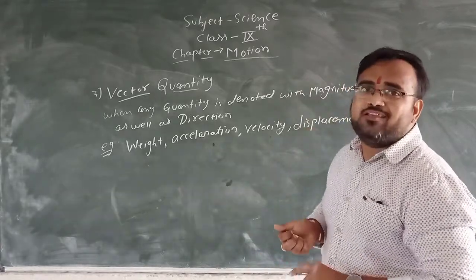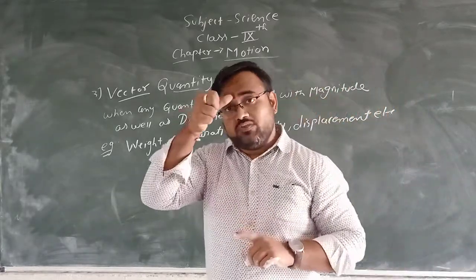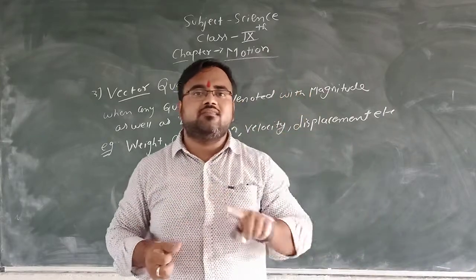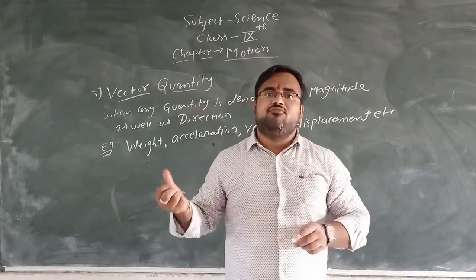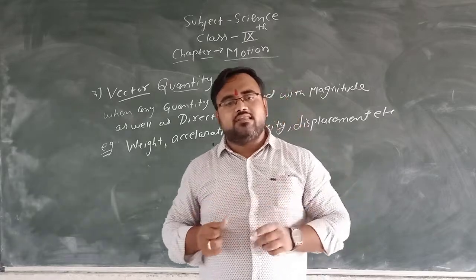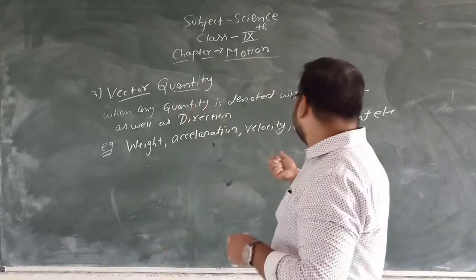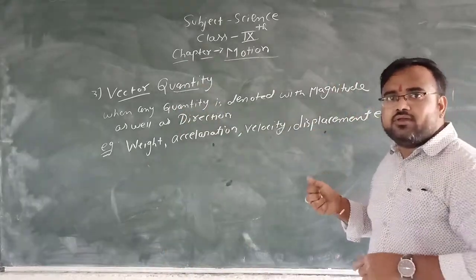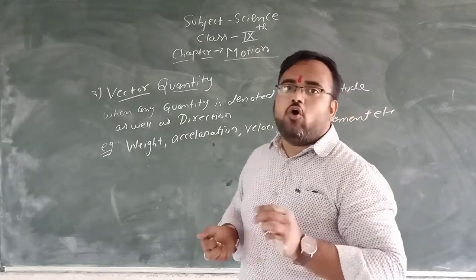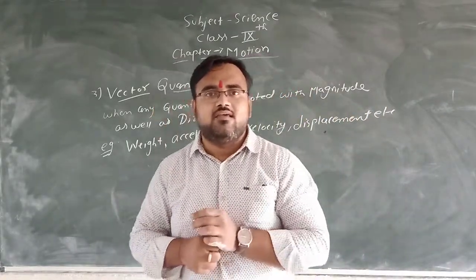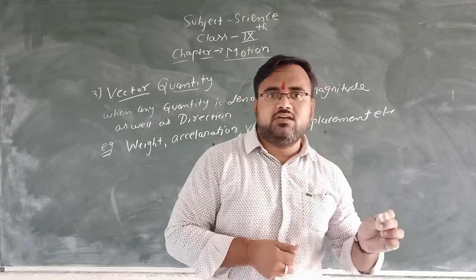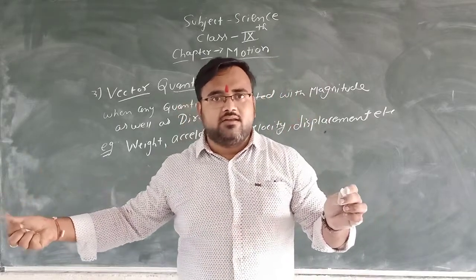Displacement means change of position, or the distance between the initial point and final point. The distance between the initial point and final point is known as displacement. If I say an object displaces from its mean position to 10 meter.